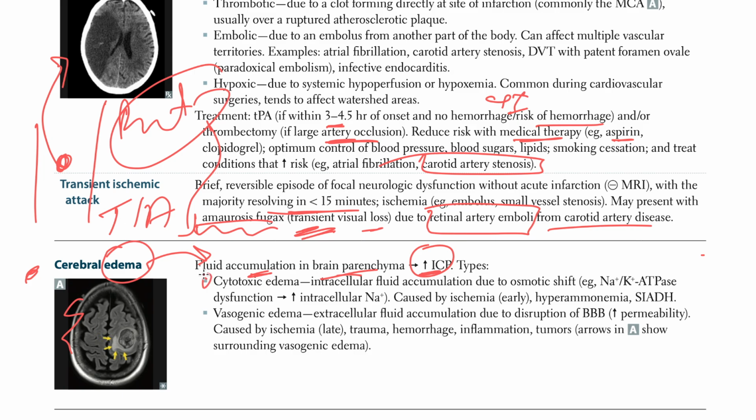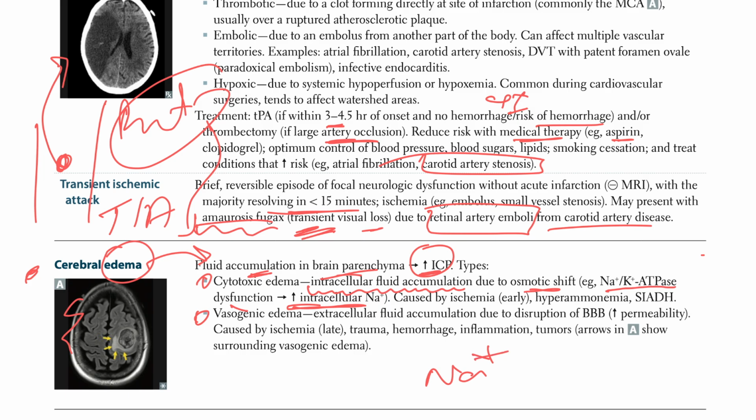Types are either cytotoxic edema or vasogenic edema. Cytotoxic edema is intracellular fluid accumulation due to osmotic shift. For example, sodium potassium ATPase dysfunction. That would cause what? An increase in sodium extracellularly.